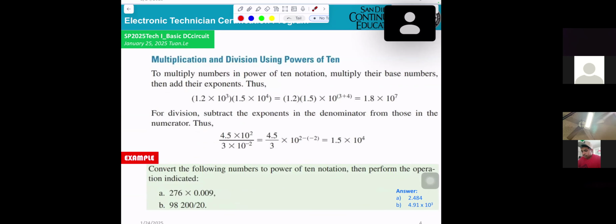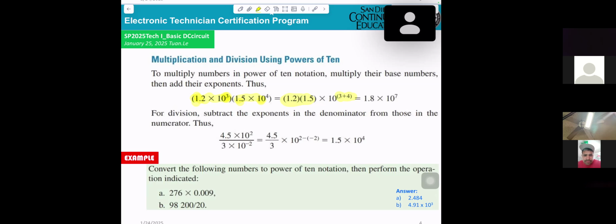Basically, this one we don't have to go through, okay? You guys can read through it and you'll be able to understand how they do it. If you get 1.2 times 10 to the power of 3, multiplied by 1.5 times 10 to the power of 4, the formula will be 1.2 times 1.5, okay? And the powers you must add up: power of 3 plus power of 4. You get 1.8 times 10 to the power of 7. Okay?